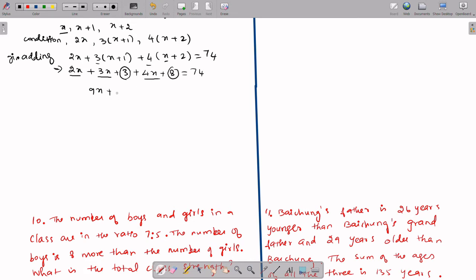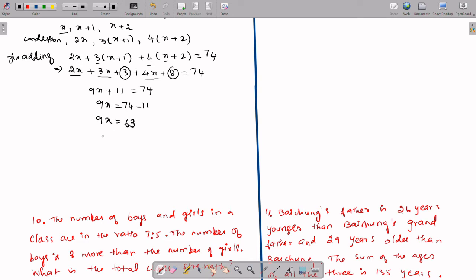So 9x plus 11 is equal to 74, or 9x is equal to 74 minus 11, taking plus 11 to the other side. Subtracting, 74 minus 11 is 63. So 9x is equal to 63.